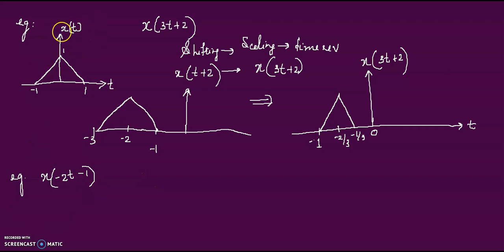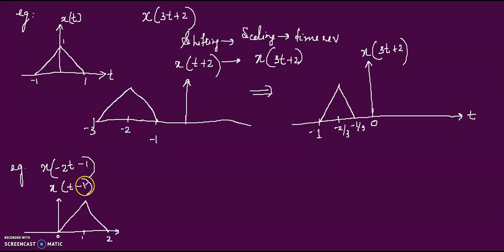Here also we follow the same procedure: shifting, scaling, and then time reversal. So first we go for shifting. We find x of t minus 1, that is, we are shifting the time by -1. This x of t minus 1 means a right shift by 1 unit. We have shifted this signal right by 1 unit.